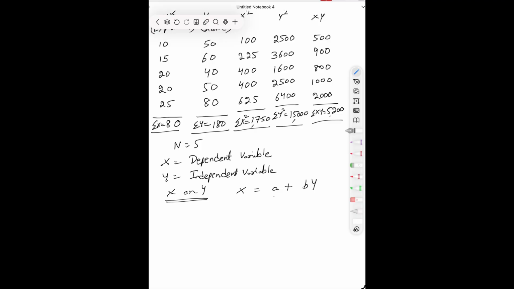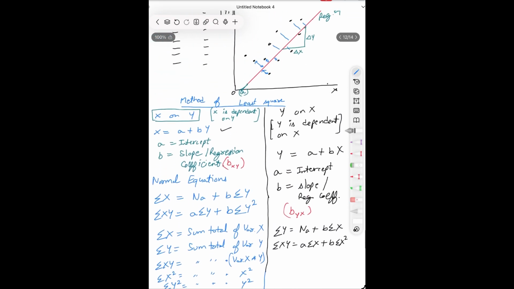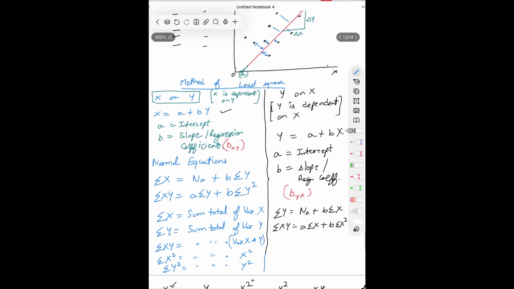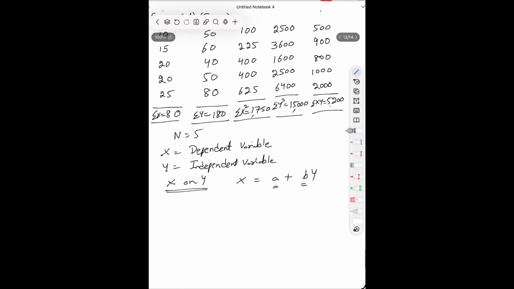But the problem is we have to find a and b. To find the values of a and b, we have to use the normal equations. So we will say sigma x is equal to Na plus b sigma y.